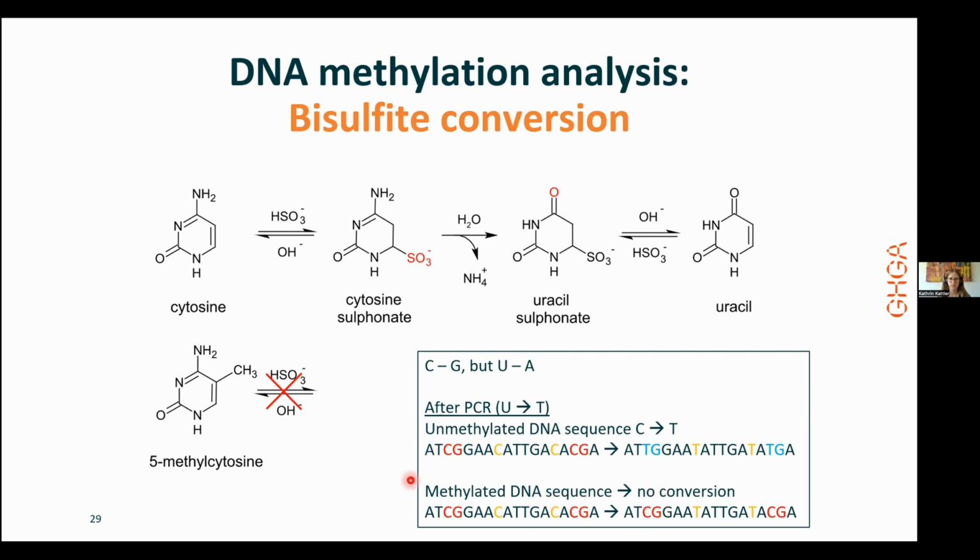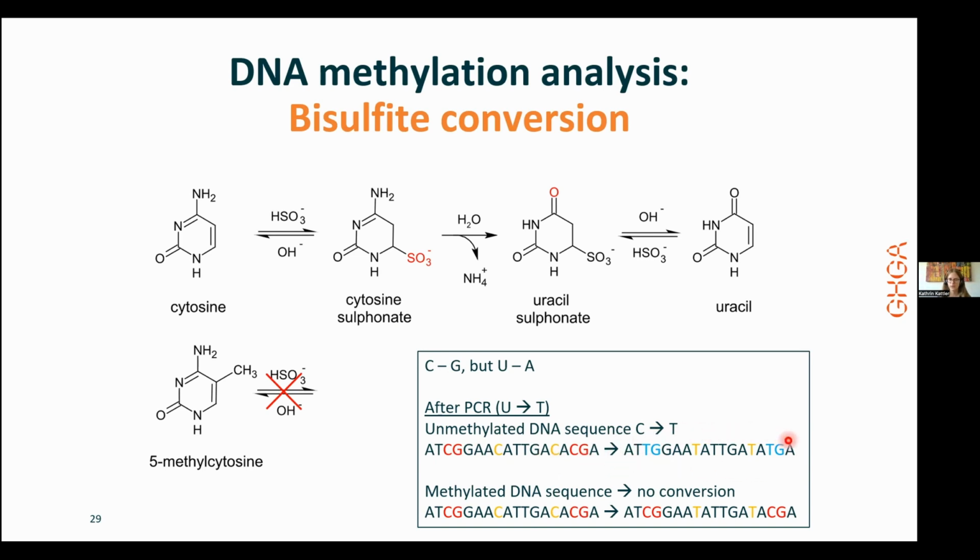So let's just look for illustration at this example sequence. Here we have a CG, then here we also have a C outside of a CG context. So this is definitely unmethylated. And here again a C and also a CG. If the sequence now is unmethylated, then all of these Cs will be converted to Ts after the PCR.